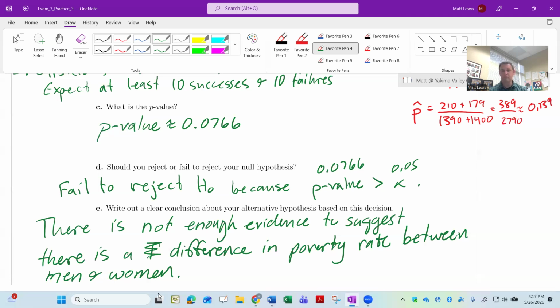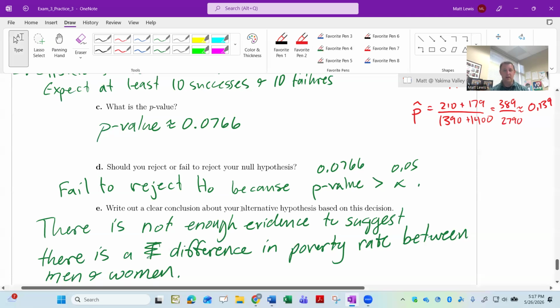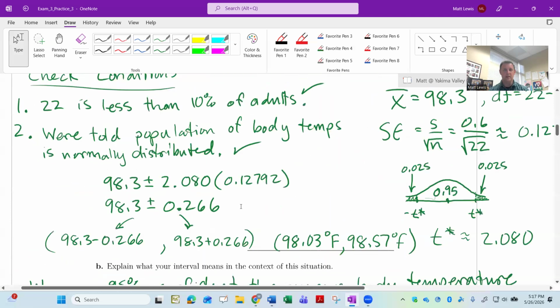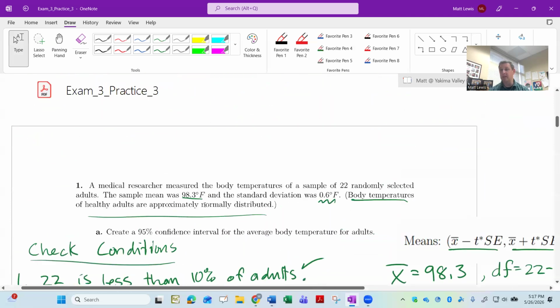Okay. So I said at the beginning, there's really 7 things I could ask you to do. 2 different types of confidence intervals, 5 different types of hypothesis test. In terms of confidence intervals, we did a confidence interval for a mean. We did not do one for a proportion, but that's certainly fair for me to ask of you.